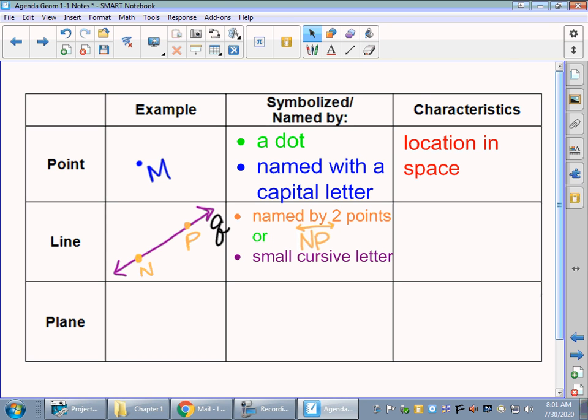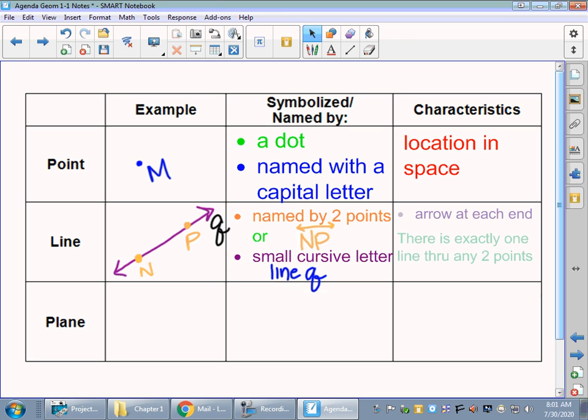So we would just call it line Q. Small cursive letter symbolizes a line. 2 points with a line above it symbolizes a line. You can name it either way. They're both right on a quiz or a test.